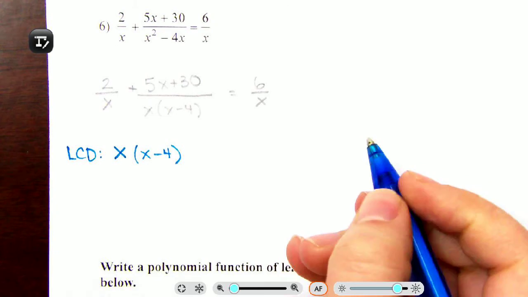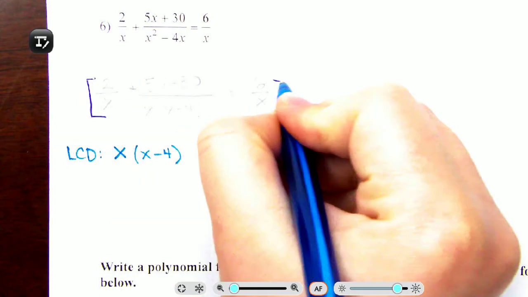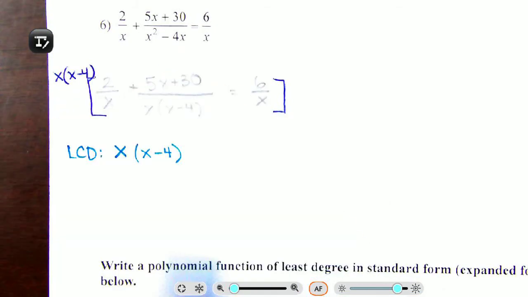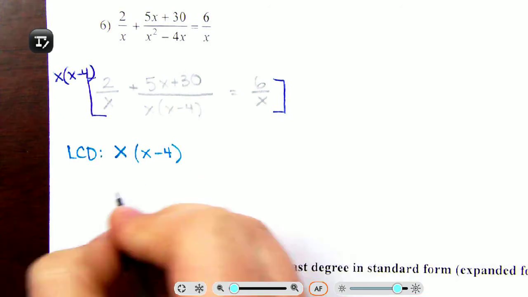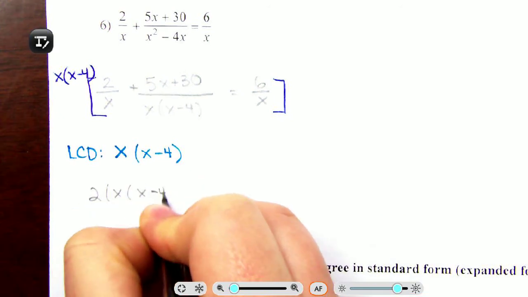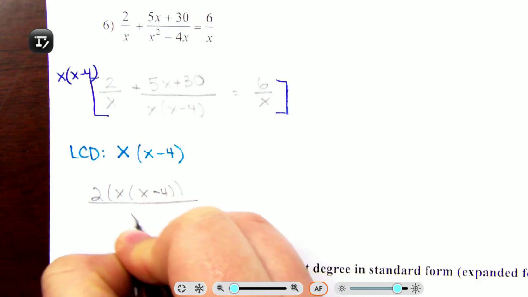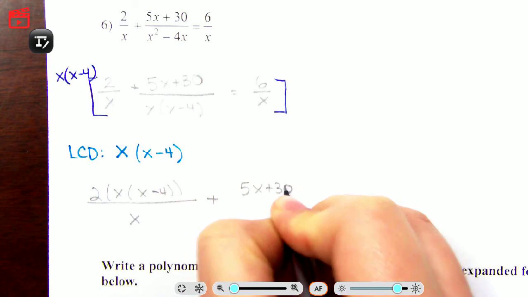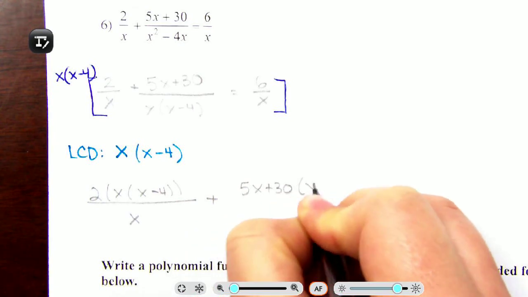I'm going to multiply every single term by my LCD, which is x times x minus 4. So that will look like something like this. 2 times x minus 4 all over x plus 5x plus 30 times x minus 4.